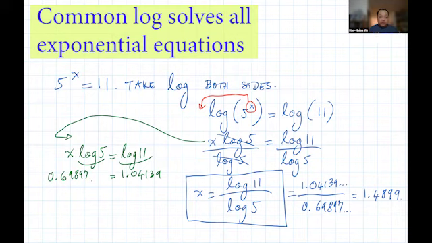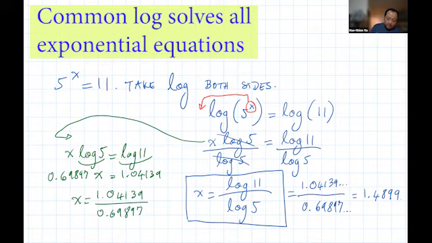Then you rewrite your equation as 0.69897x equals 1.04139. You divide both sides by the 0.69, etc. And you end up with this fraction that you can compute. And that's okay.